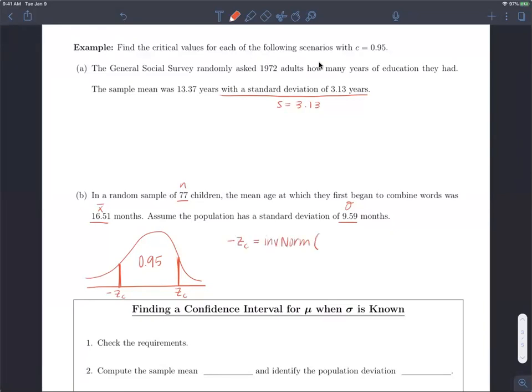And then if I'm trying to find negative Z sub C, that means I'm trying to find the value which has area to the left of this value. And so what is the area to the left of negative Z sub C?